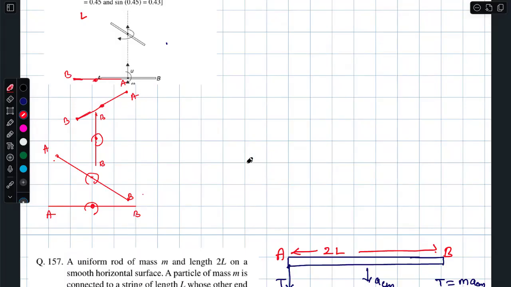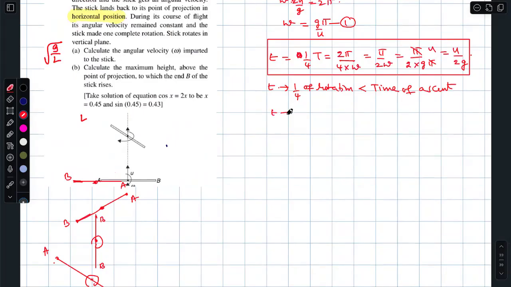So this is how it goes. See, by the time it completes half rotation, so 2 times of this, this is u by g. So half rotation, exactly it will become flat.